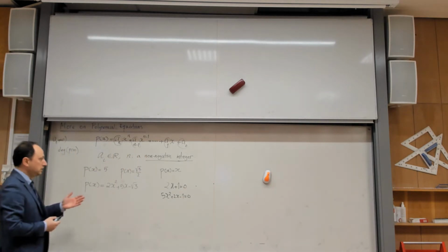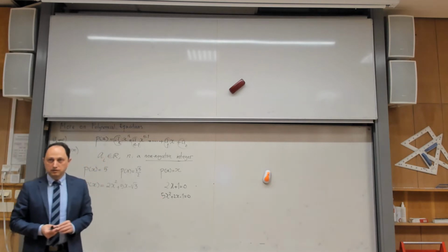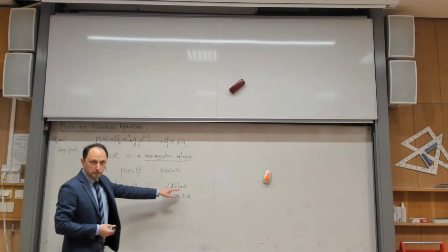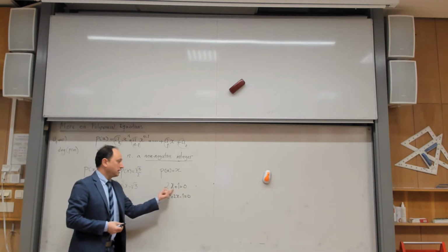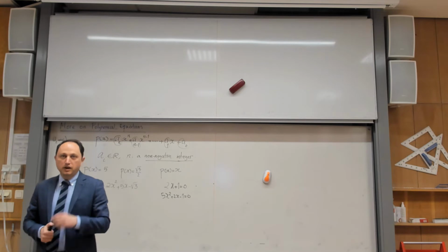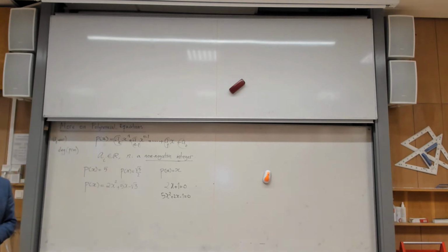But the polynomial equations of degree 1 and degree 2, we don't have any problems with, yes? Polynomial equations of degree 1 can be easily solved by making x alone on the left-hand side. When I have the second degree, I can use the ABC formula to solve it. But if I start increasing the degree, it becomes a hard problem.